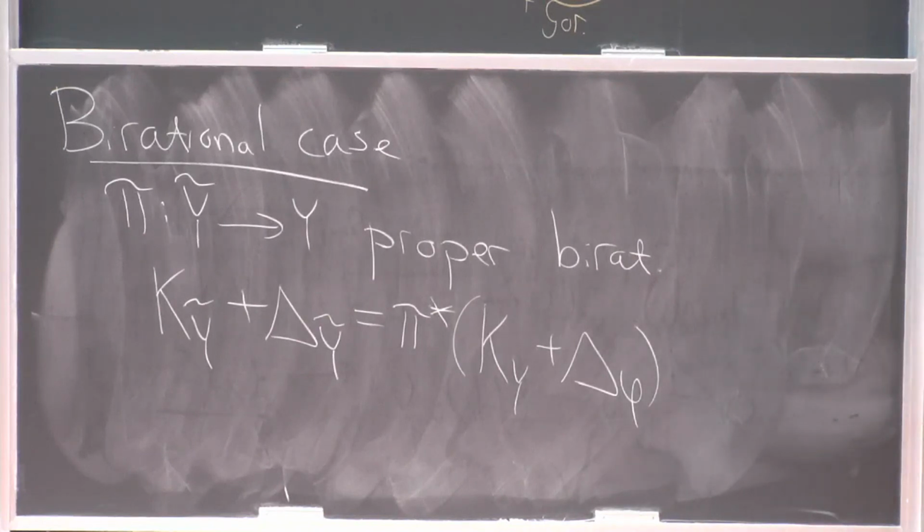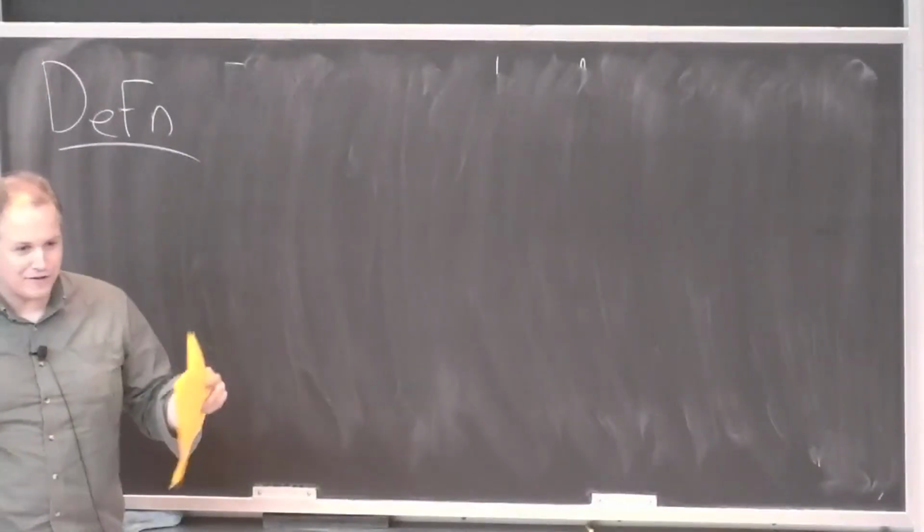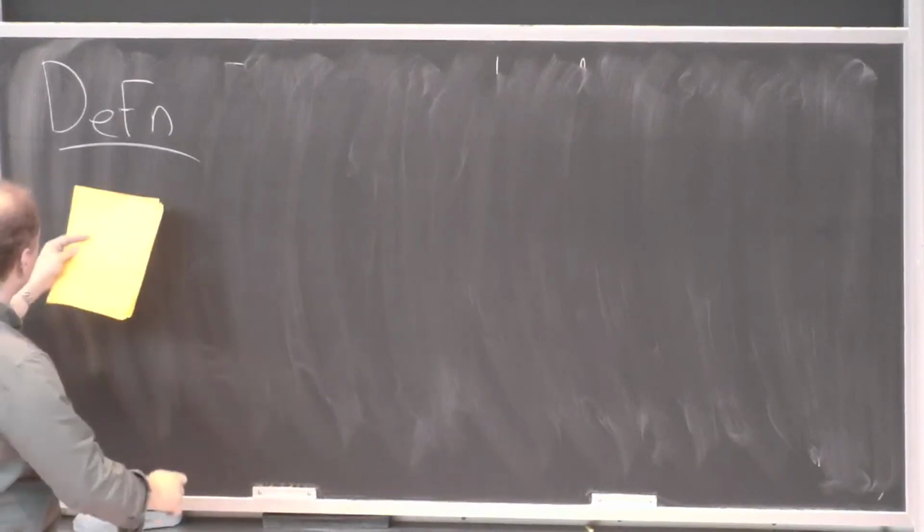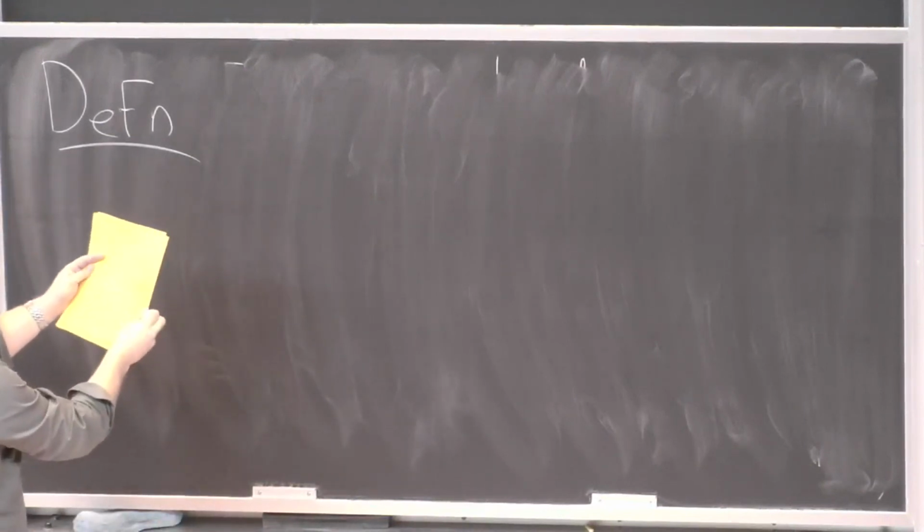Definition, I'm just going to talk about the log canonical version, so the normal version. Everything is fine in the non-normal version, but the technicalities are not useful. So what's my definition?